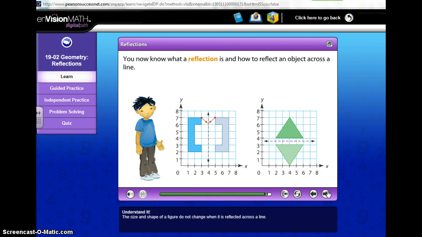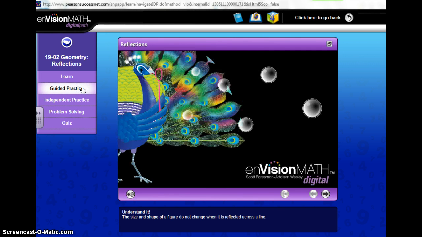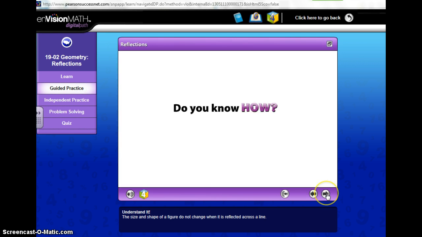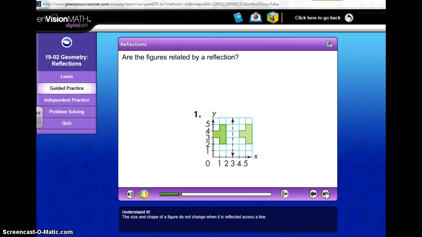Okay, so let's take a look. I want you to tell me if this example is a reflection. Raise your hand, and all I need to know is yes or no. Natasha. No. Okay, tell me why.